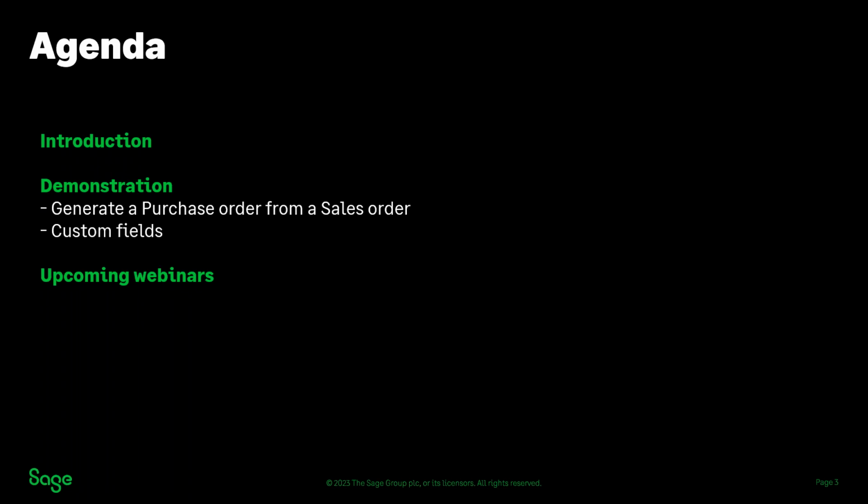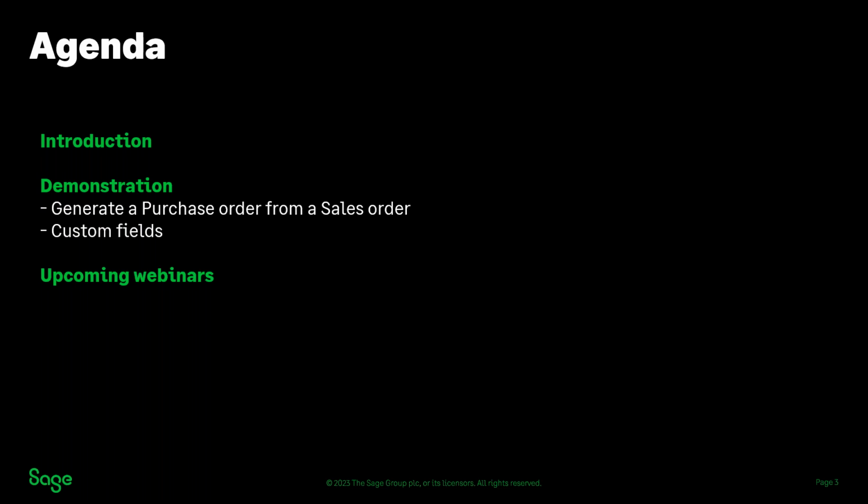So we're going to start by introducing the session and the benefits of generating a purchase order from a sales order. We'll then demonstrate how to apply these settings to your invoices, and look at the different options for your sales orders and your purchase orders.